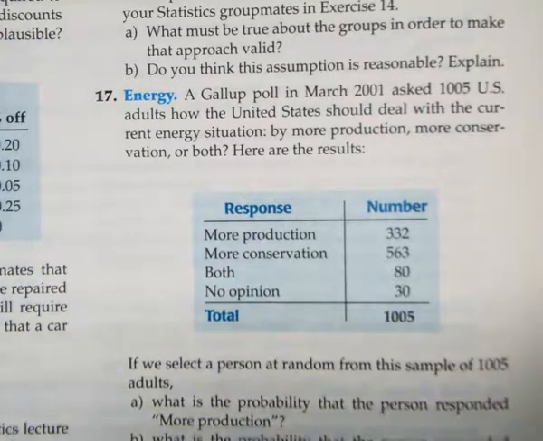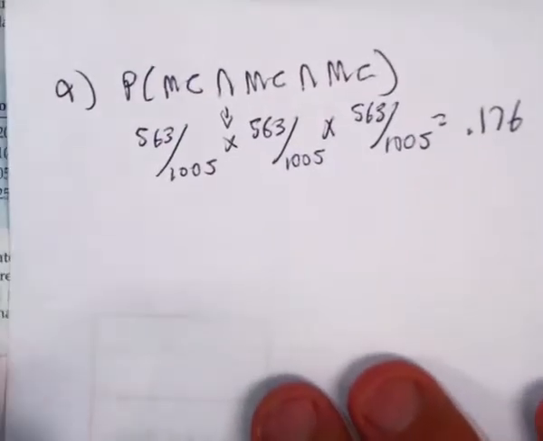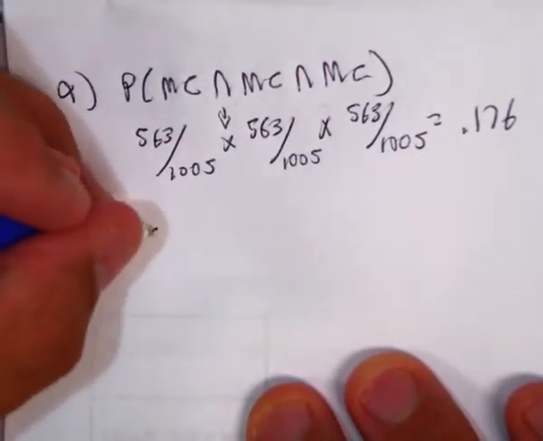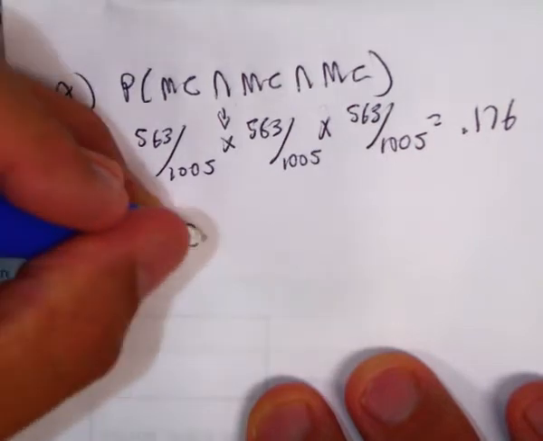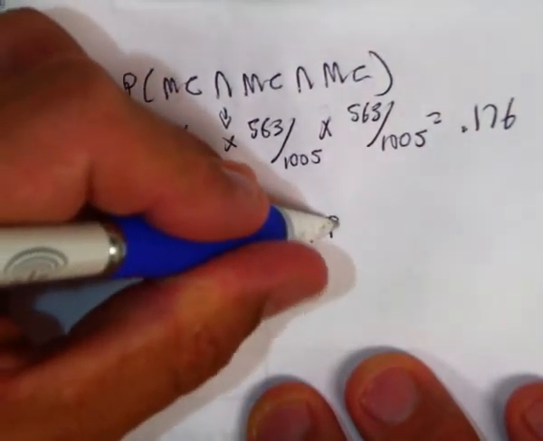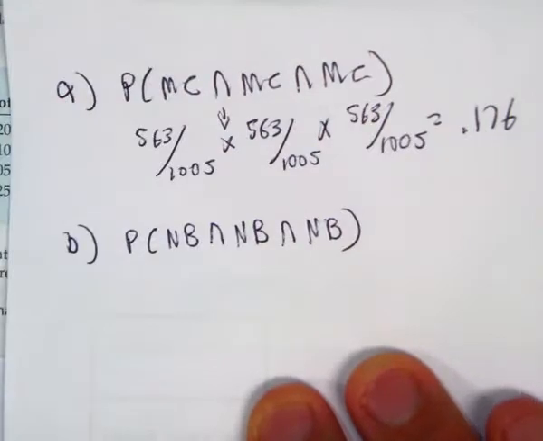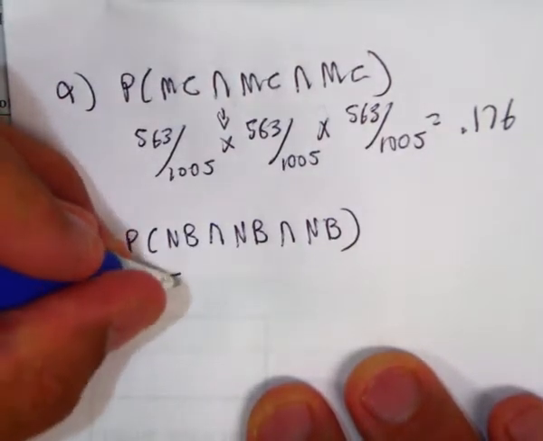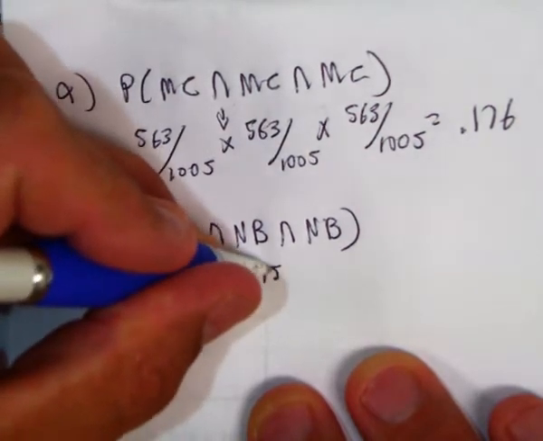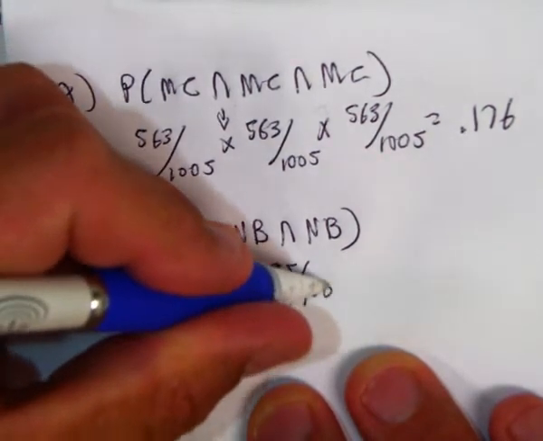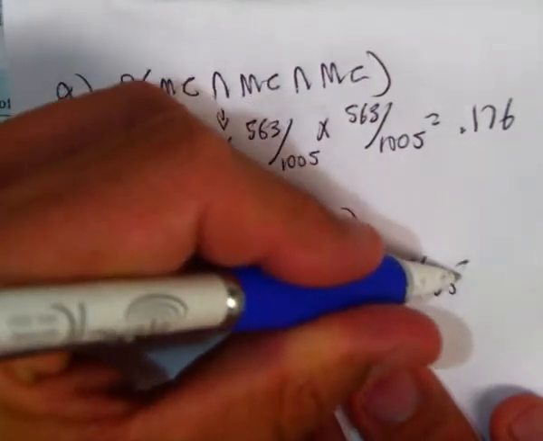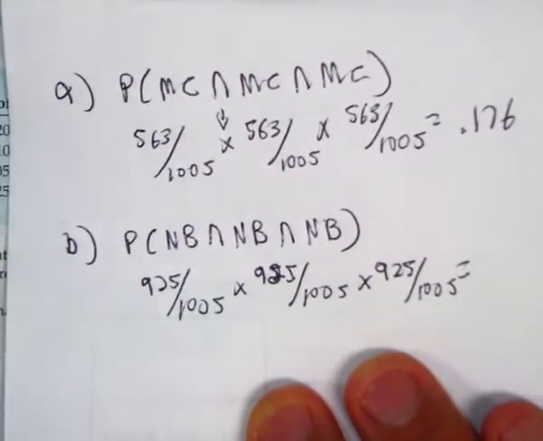Okay, so the probability of not both, none of them, and not both, and not both is 925 out of 1005 times 925 out of 1005 times 925 out of 1005. And if you do that, you get 0.780.